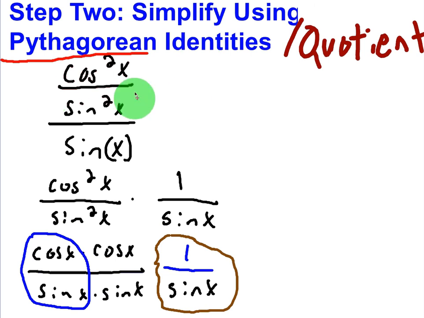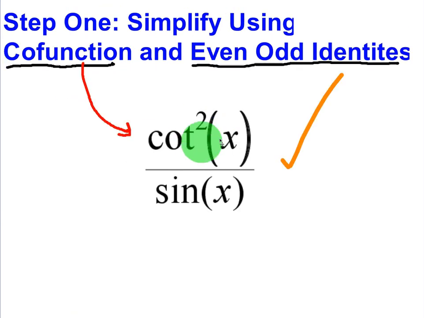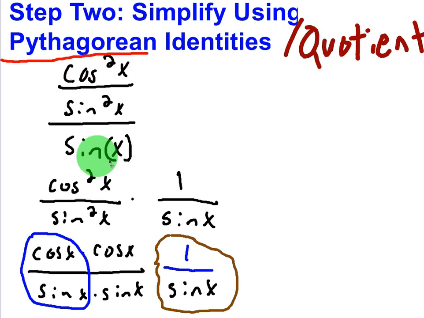Since Pythagorean identities don't apply, we're going to switch to quotient. Remember that cotangent is cosine over sine, so I'm going to change cotangent squared to cosine squared over sine squared. Now we're still going to have the sine on the bottom, that didn't change. But now we will flip. We will keep the top, change the division to multiplication, and flip the bottom to 1 over sine.